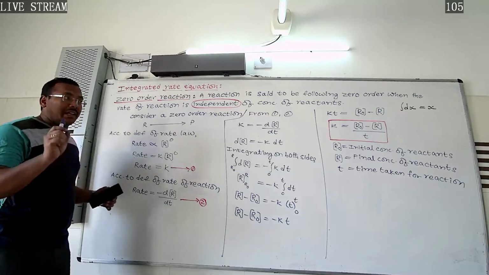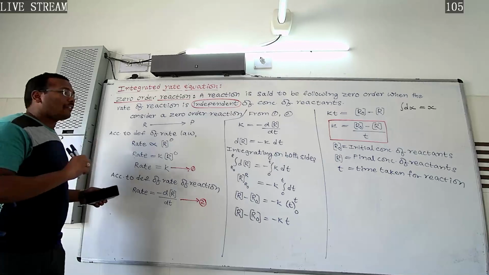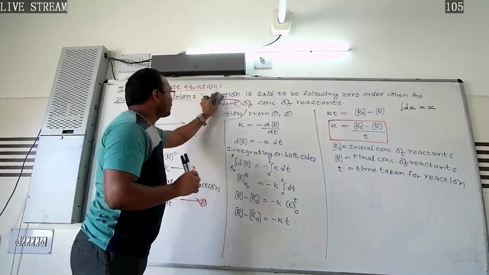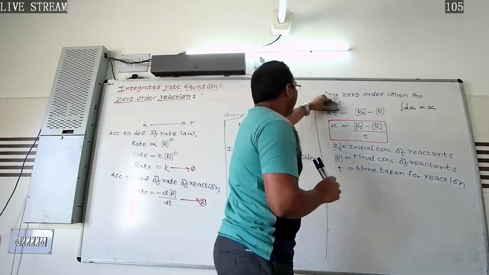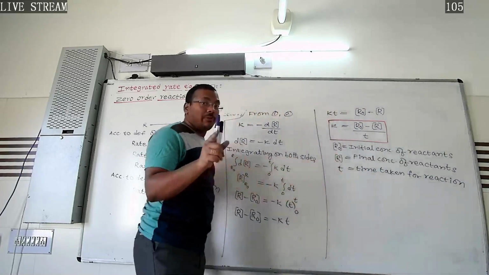After that, we need a few things: the graph, then units, then half-life period. These are all needed, so let us write these all. I hope you have taken notes.